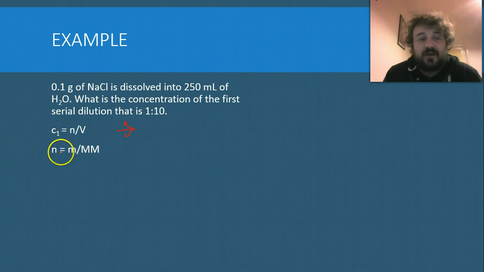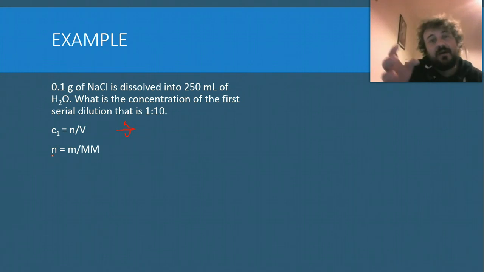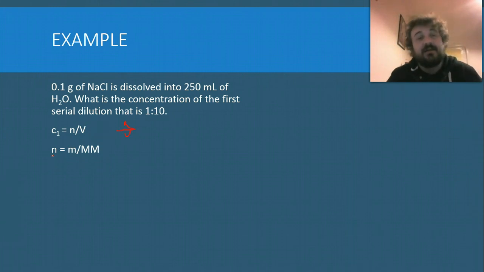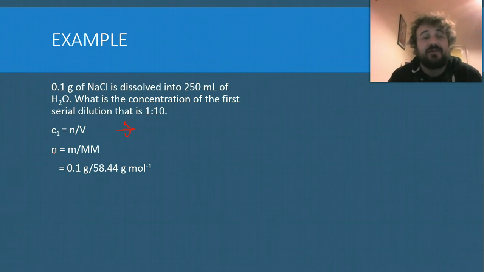We need to know what the moles are, so to work out the moles, so you see how our calculations are getting more and more complicated with each new thing we put on. They all add together. Okay, so moles is mass divided by molar mass. So it's 0.1 grams divided by 58.44 grams per mole.